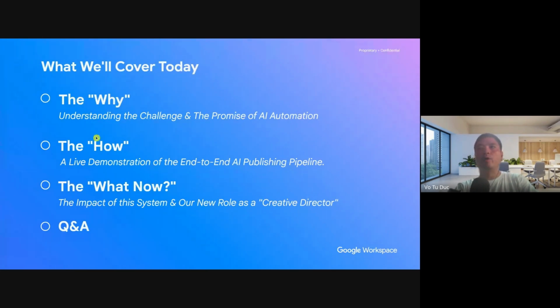We'll talk about the common challenges of content creation, then see what the promise of AI automation can do, then have a live demonstration of how the end-to-end AI processing will go, and finally some thoughts and questions from all of you.